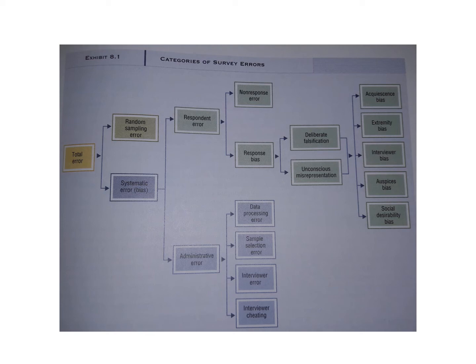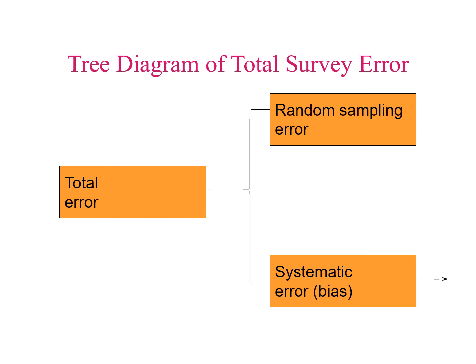These two again can have four categories. And the administrative error has four categories. So this is the tree diagram of total survey error.